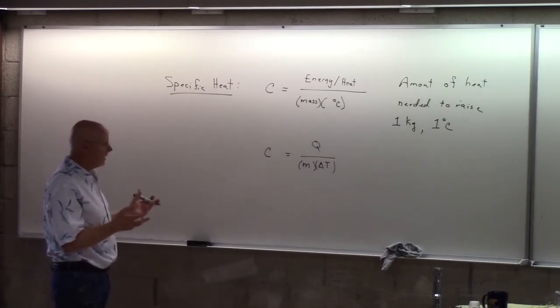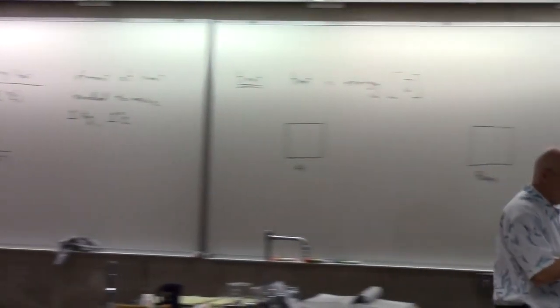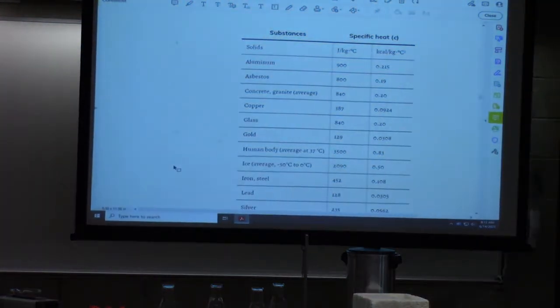But conceptually, it's just trying to say how much energy does it take to warm something up. Or let me not forget about the reverse. If it cools down, it's got to then release that much energy.